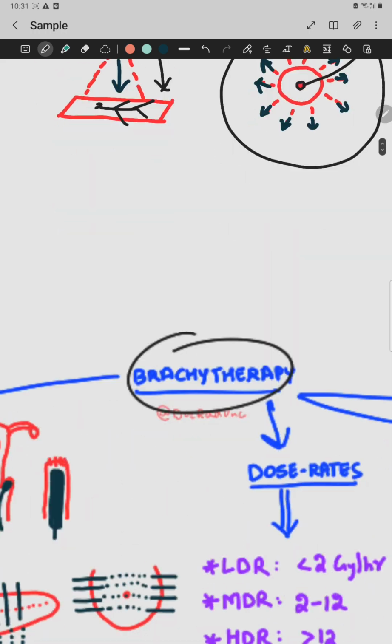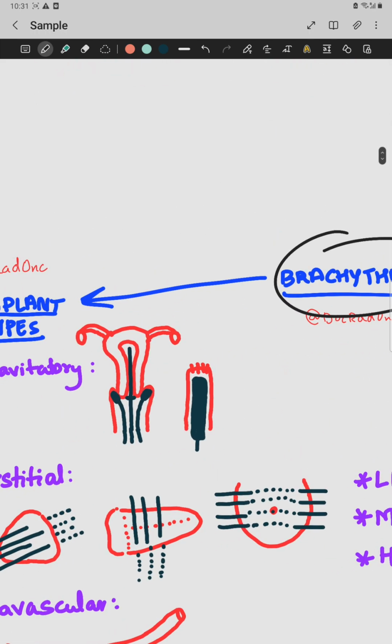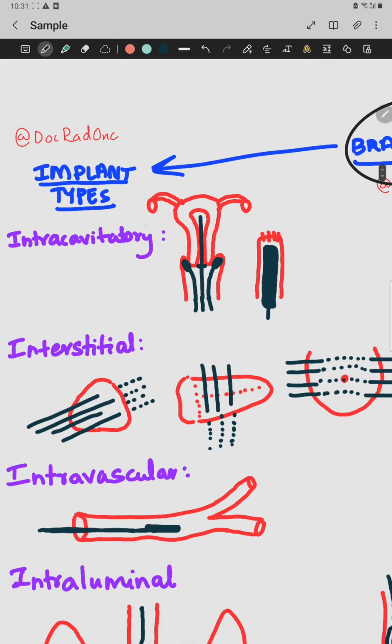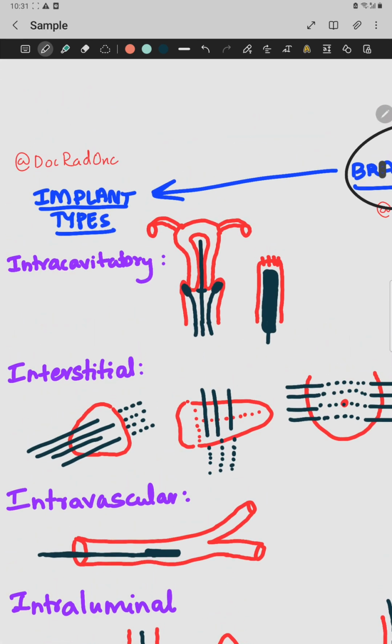Now coming to brachytherapy per se, what are the types? There are different classifications for brachytherapy types. First, based on the implant types, how the implant is put in. The first is cavitary, where the natural body cavities are used, and there you are keeping your sources or the applicators.